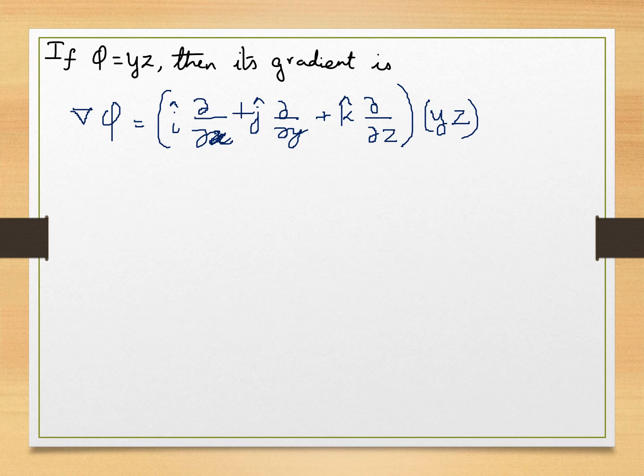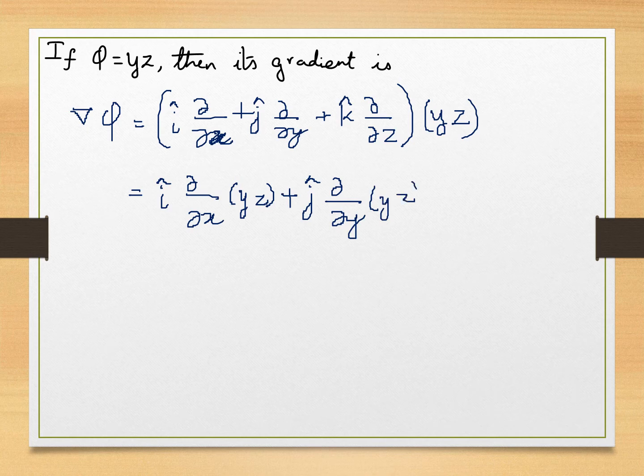This term will be multiplied with each of the terms in del, and we will differentiate afterwards, like i cap dou by dou x into yz plus j cap dou by dou y into yz plus k cap dou by dou z into yz.